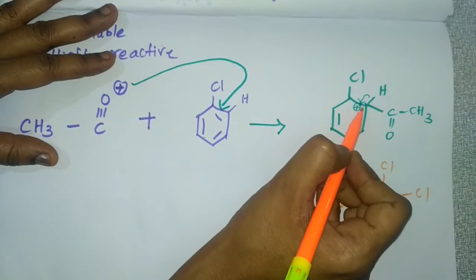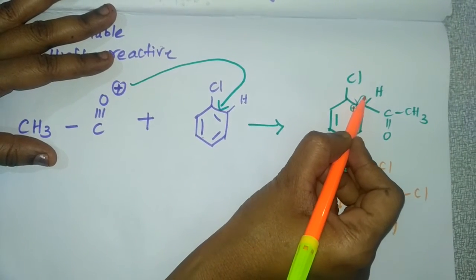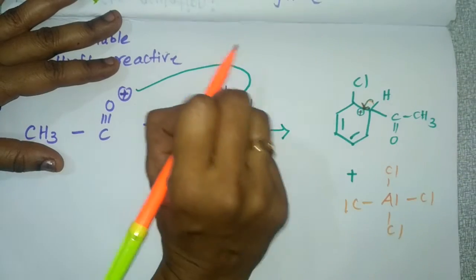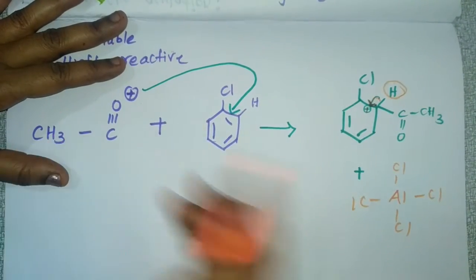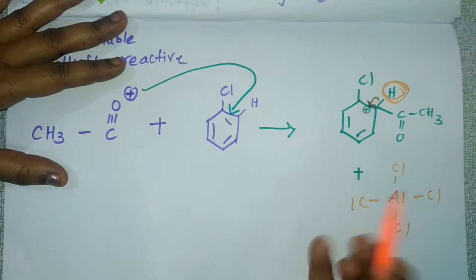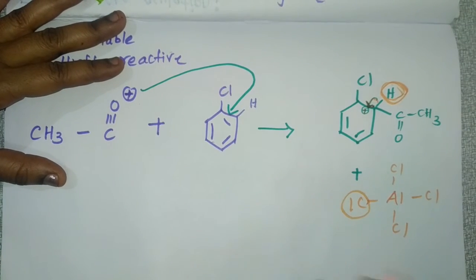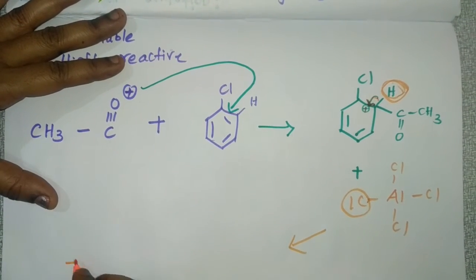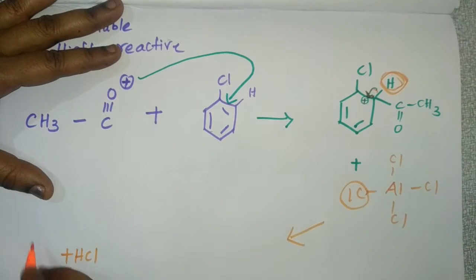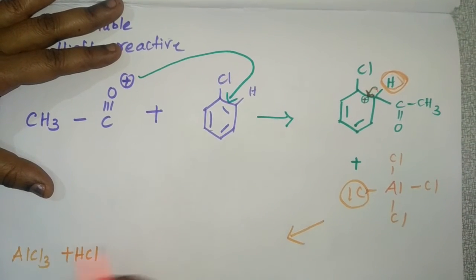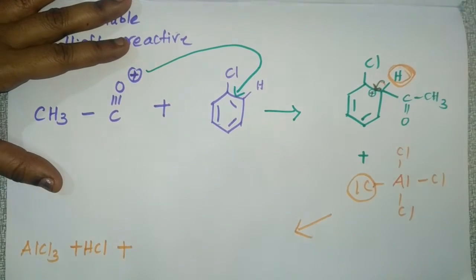This is positive charge. This will take the electrons from here. So this hydrogen will get removed as a proton. This hydrogen will combine with the Cl and form HCl. And what else is remaining? AlCl3.